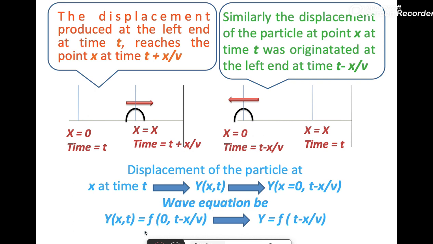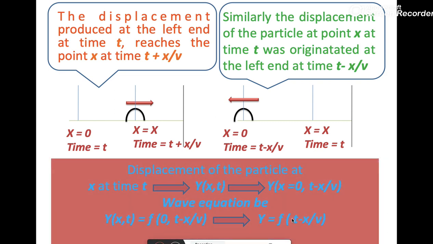Therefore, the wave equation is y of x, t equal to f of t minus x upon v, or you can say that the displacement on the y-axis of the particle will be a function of time in such a way that it is f of t minus x upon v.